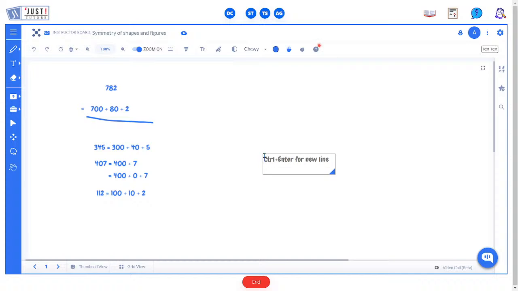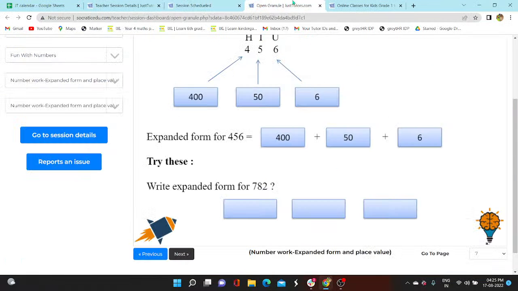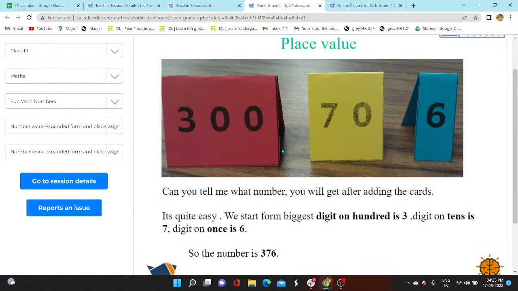So this is how we write the expanded form of various numbers. Now let's get back and see what is the next topic that we have to discuss. Okay, so the next thing that we are going to discuss is about place values.